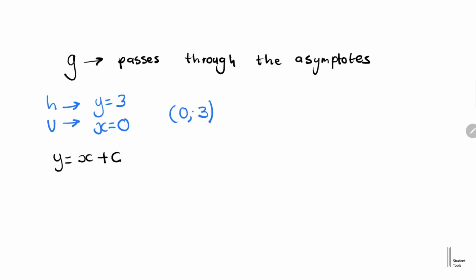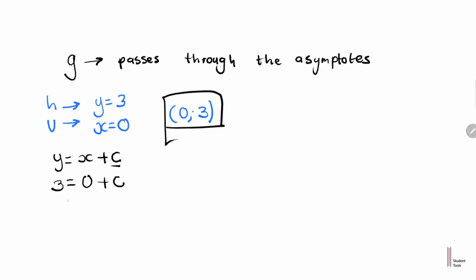So now let us find this equation of the axis of symmetry, which is G. So we will use this coordinate to find that. For the value of x, we will substitute the 0, and for the value of y, we will substitute the 3 to find this c. So let us do that now. For y, we will substitute 3, which means that 3 is equal to 0 plus c.